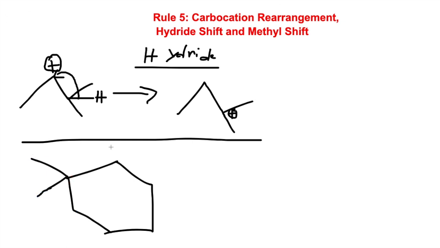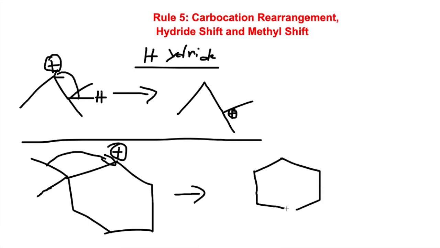In this case, if we had the positive charge over here on a secondary carbon, we can do a methyl shift over here, and we would get a result something like this. The methyl moves over here, we still have this over here, and the positive charge will go over here. This is called a methyl shift. And so when doing the mechanism for an SN1 reaction, hydride and methyl shifts can take place for the molecule to be more stable.